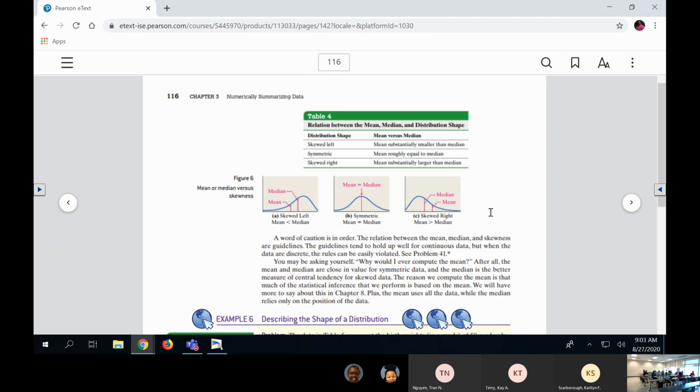All right, look at here. Figure 6 on page 116, very important. Make sure, and I'm showing you those over and over and over again because they're going to be on the test, whether it's a standardized test or whether it's my test.